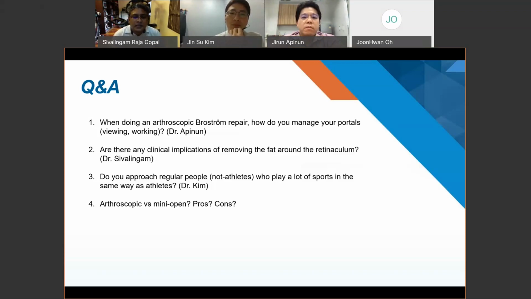There's a question sent to me, I think, on whether to remove the fat around the retinaculum. Do you guys routinely remove the fat around the retinaculum? I never remove the fat. I am scared of skin complications, so I try to keep the skin and the subcutaneous tissue as a whole flap.